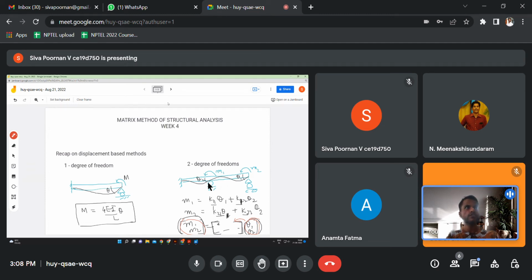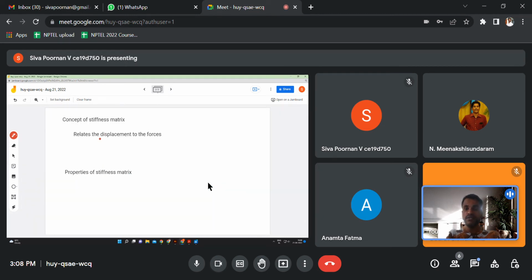So the stiffness matrix relates the displacements to the forces. This relation can be read as forces are related to the displacements through the stiffness matrix. Okay, fine. So we'll go to the properties of stiffness matrix.